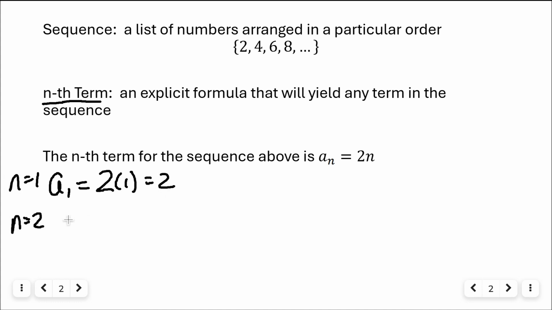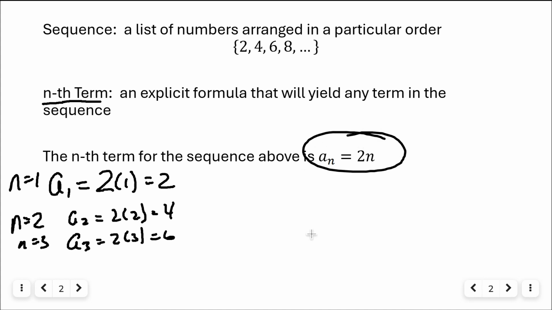If n is 2, then the second number in the sequence is 4. If n equals 3, the third term in the sequence is 6. And we can do this forever if we want using this nth term. Okay, so it's a shorthand way basically to write this sequence rather than writing all the numbers in the list.